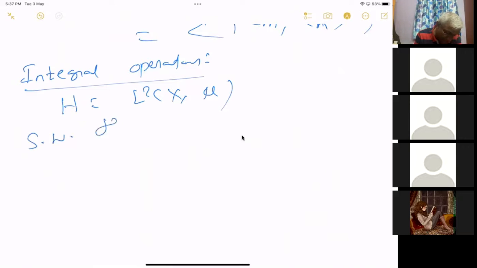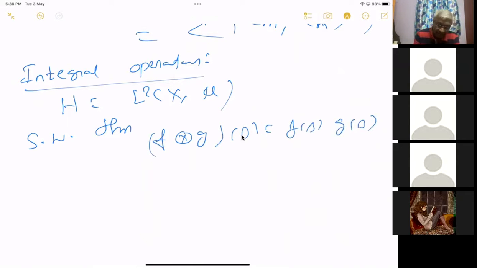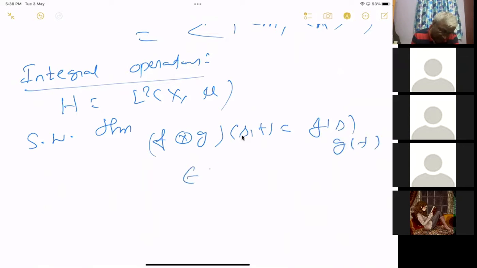The Stone-Weierstrass theorem implies that functions of the form f tensor g, defined at s and t by f(s) g(t), a two-variable function, is a function in L2 of X cross X with the product measure mu cross mu.